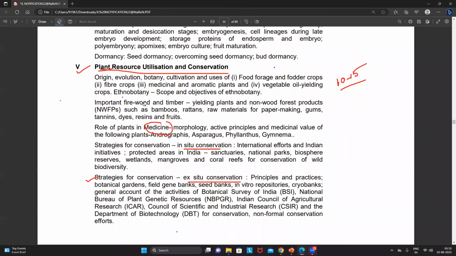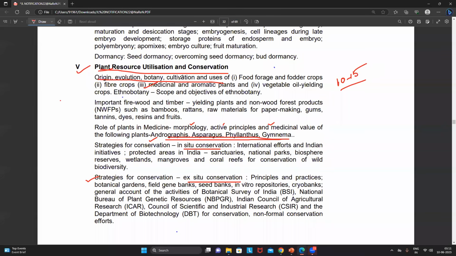Whenever they explain the role of plants in medicine, they are not asking about all the plants. They are just asking morphology, active principle, and medicinal value of only the 4 plants they have given very specifically. And here once again they have asked origin, evolution, cultivation, and uses of medicinal and aromatic plants.